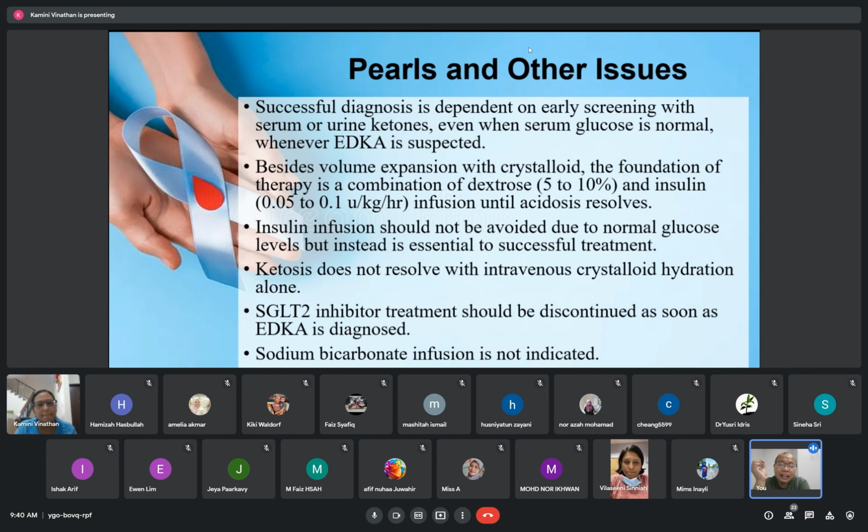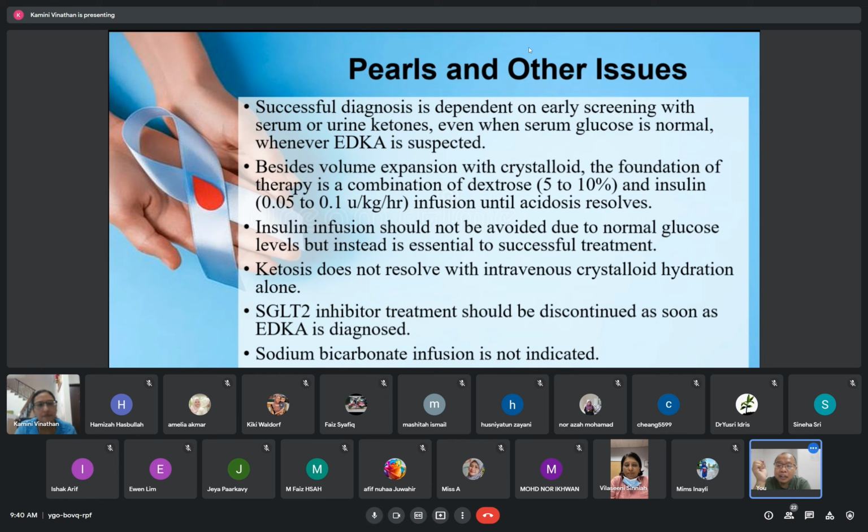So one of the criteria, one of the things that should make you suspect euglycemic DKA: one, your patient has an unexplained high anion gap metabolic acidosis. Two, there is presence of serum and urine ketones. So at least for all patients with metabolic acidosis or high anion gap metabolic acidosis, you need to do at least a urine ketone.